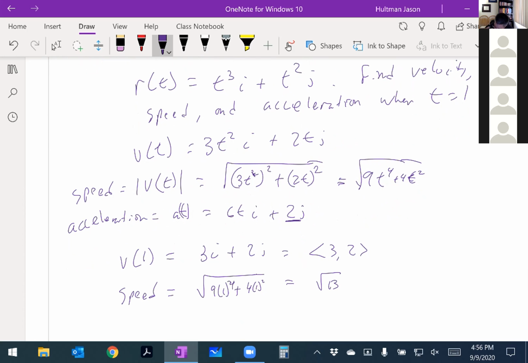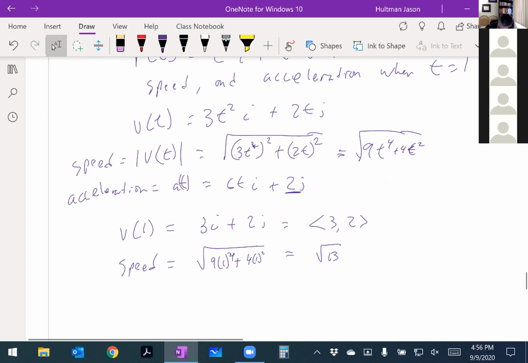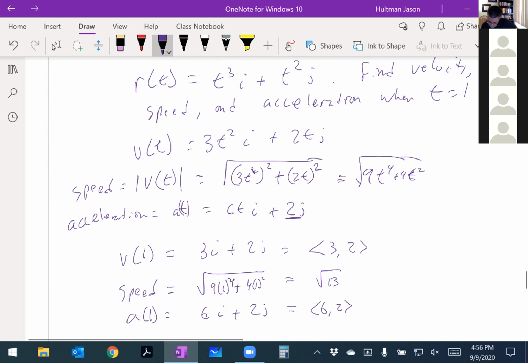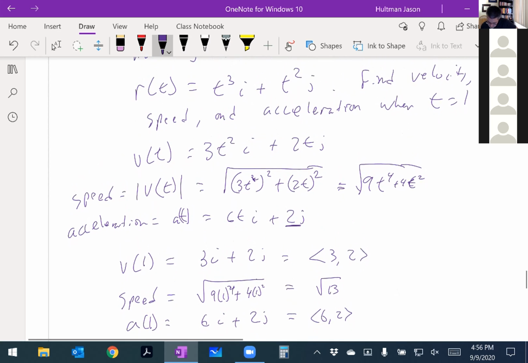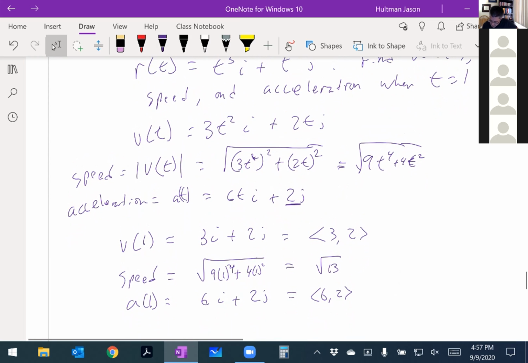So that's the speed. What about the acceleration? The acceleration evaluated at 1 is just 6i plus 2j, which is equal to 6, 2, which is kind of interesting. So yeah, this is in 2 dimensions.